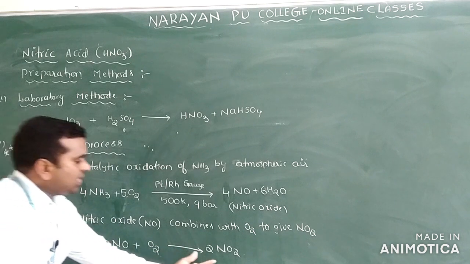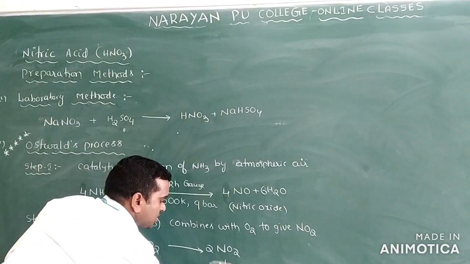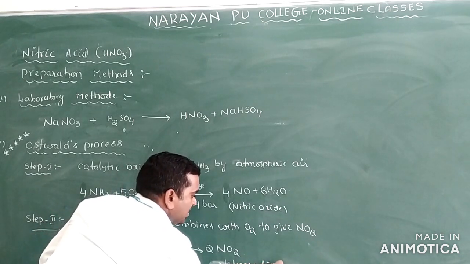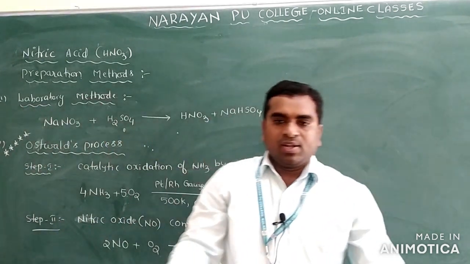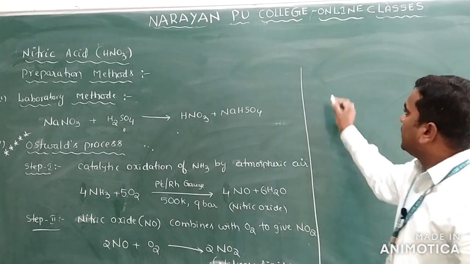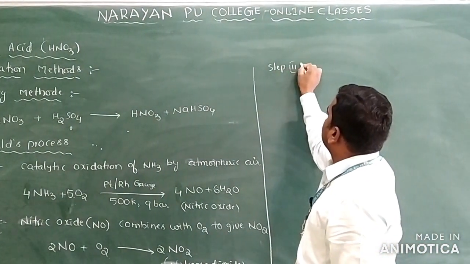So this is the nitrogen dioxide. What will we call it here, nitrogen dioxide. This is which step here? Second step. Clear? Last one. So here third step. Clear? So step 3. What is step 3?